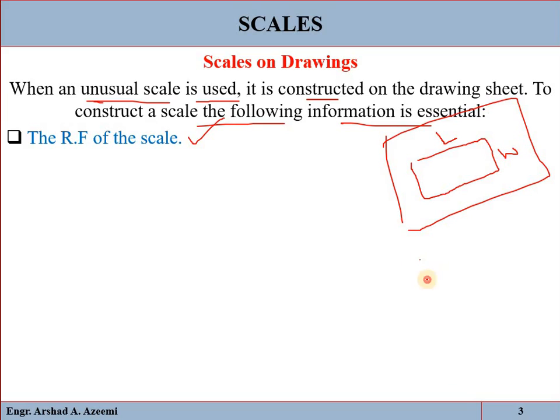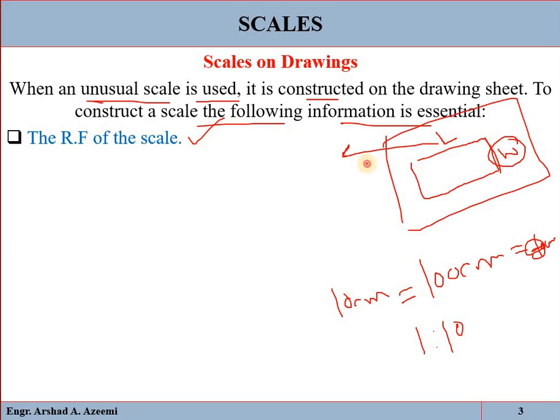For example, the actual width is 100 centimeter and you have drawn it as 10 centimeter, so the proportion is 1:10, meaning you have reduced the width 10 times. Similarly, the length is 200 centimeter and you draw it as 20 centimeter, so its ratio is also 1:10.